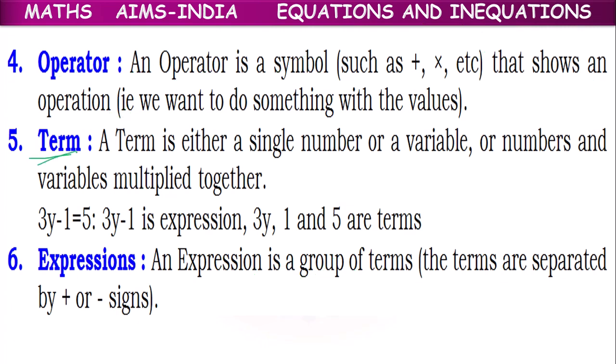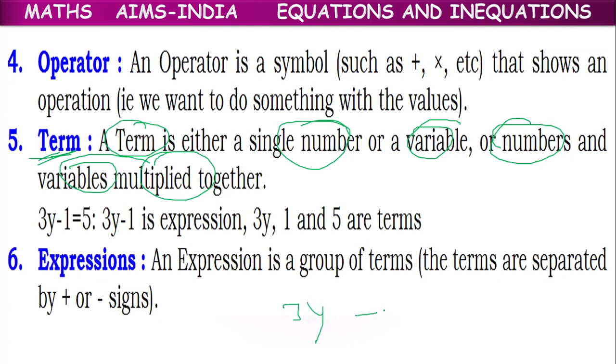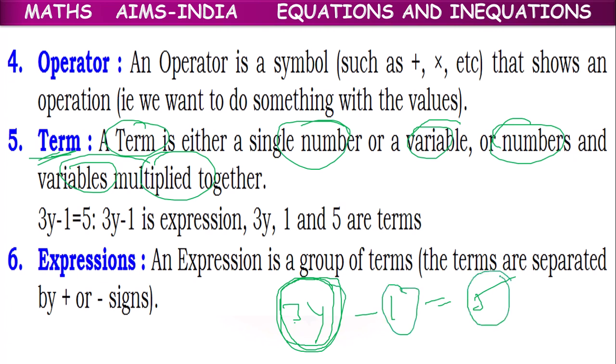Next one, term. A term is either a single number or a variable or numbers and variables multiplied together. In 3y minus 1 equal to 5, this 3y, a combination of variable and coefficient, is a term. 1 is a term, 5 is a term.